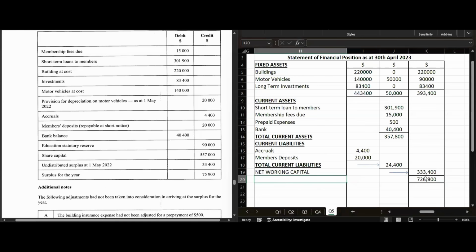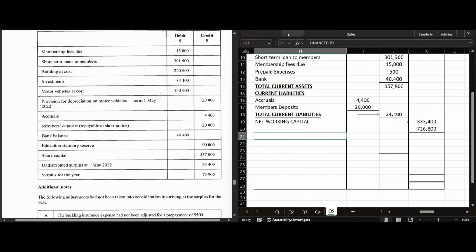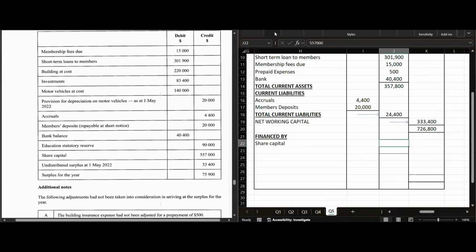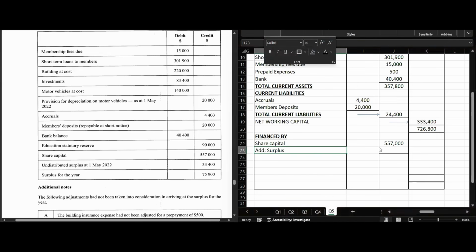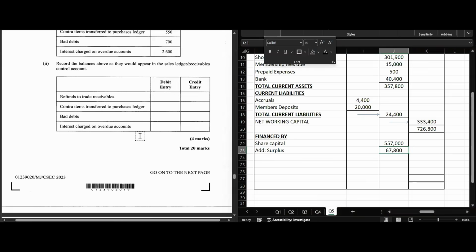There we go. Alright, moving on from there, we need to complete the financed-by section of your statement of financial position. Financed by your share capital. Add your undistributed surplus, guys. Your surplus will be the surplus they worked out from the appropriation account. 67,800. Good.